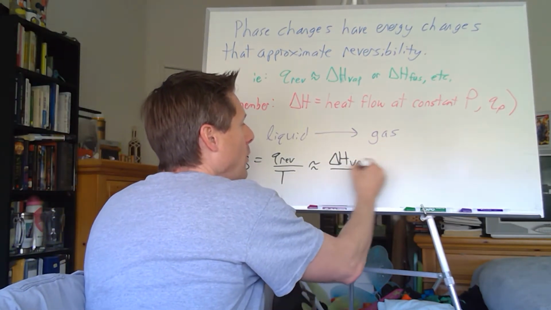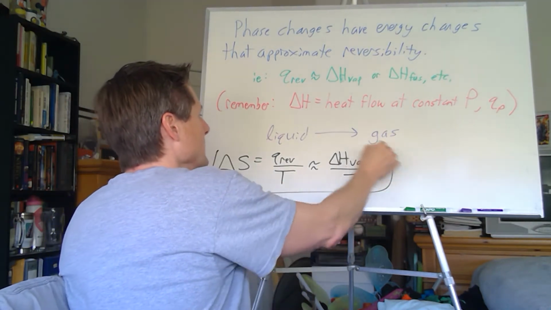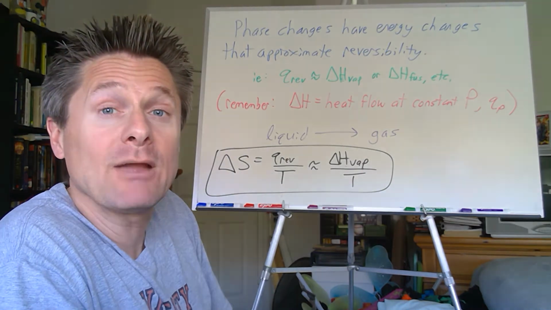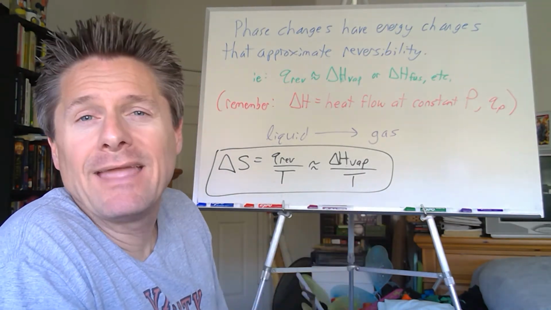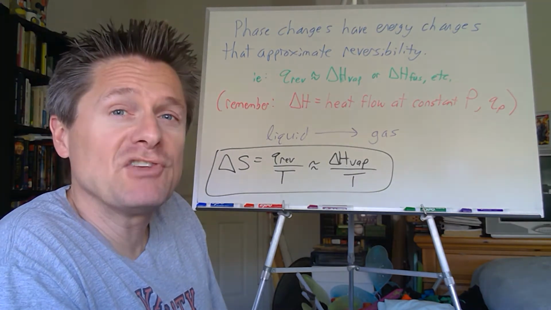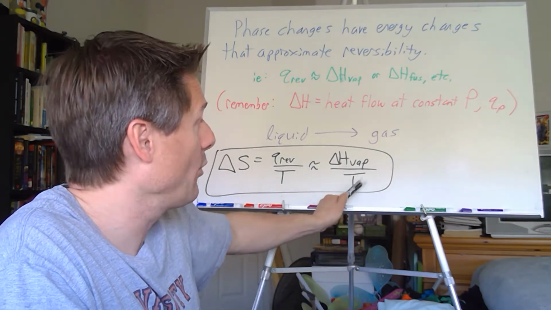So that would be the molar heat of vaporization over the temperature. All right, so all I have to do is find that molar heat of vaporization for that liquid, divide it by the temperature in Kelvin, and I've got the entropy change for that process. And if that's happening at the boiling point, I can just put the boiling point there.